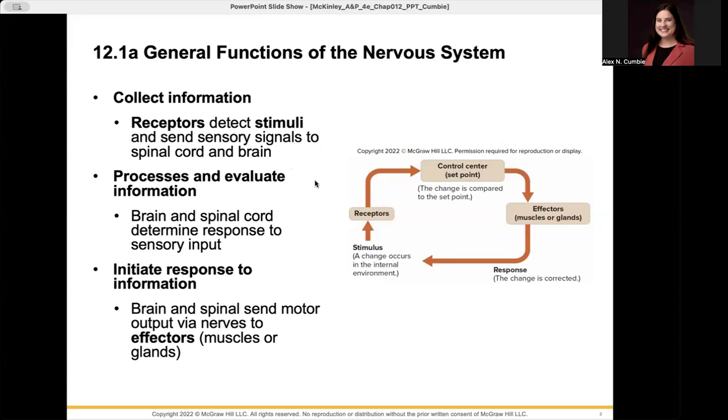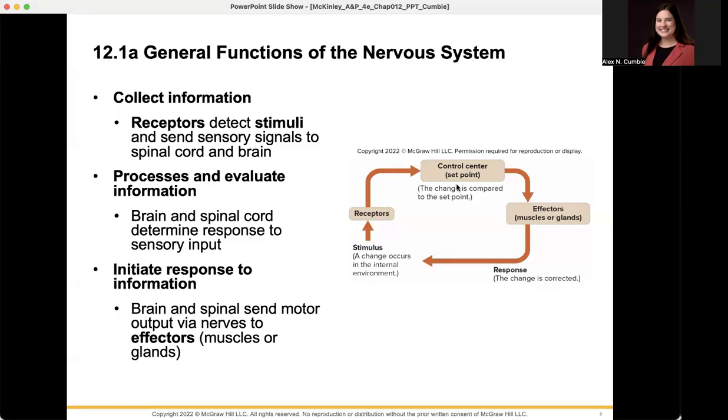First, we collect information. We have some sort of stimulus. This is a change that occurs in the body, and it is detected by receptors. There's a lot of different names for receptors that we'll get into for the nervous system. Those receptors, once they detect a change, are going to send a signal to the control center. And the control center is going to be your brain or your spinal cord for the nervous system.